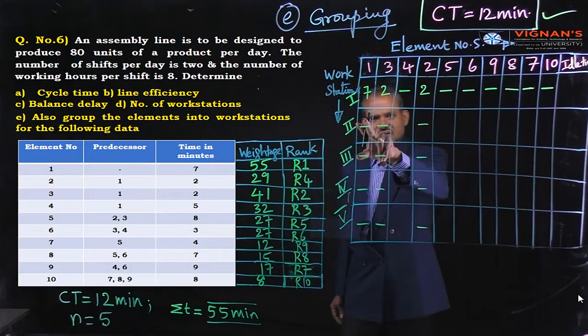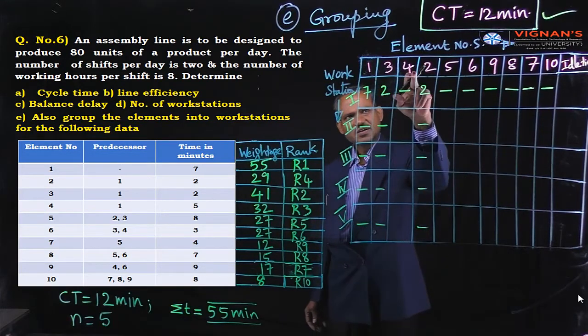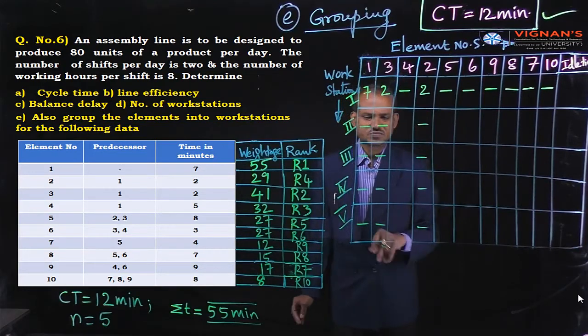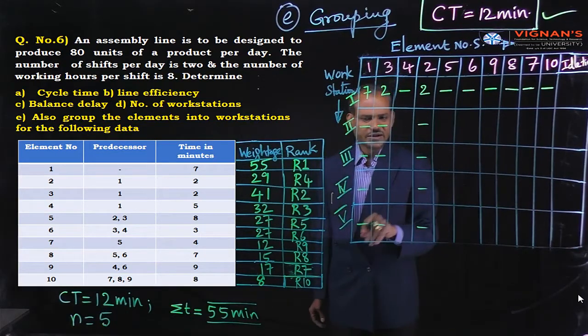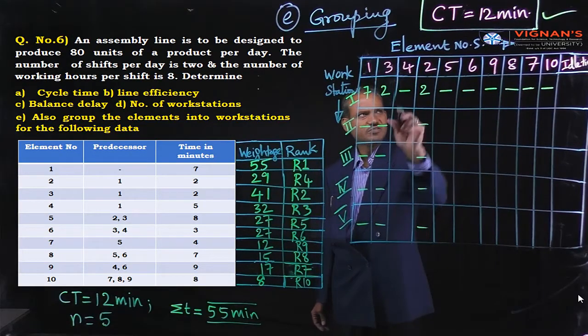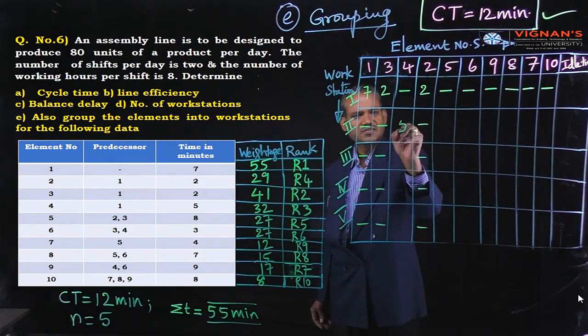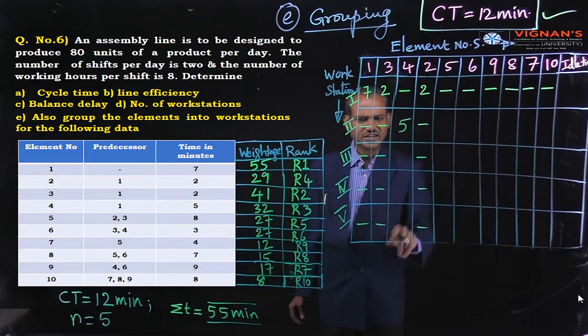Next, consider workstation number 2. You can start with element number 4. Observe the element number 4 timing. It's 5 minutes. 5 is less than 12 minutes cycle time. Therefore, assign. This is the starting assigning element.